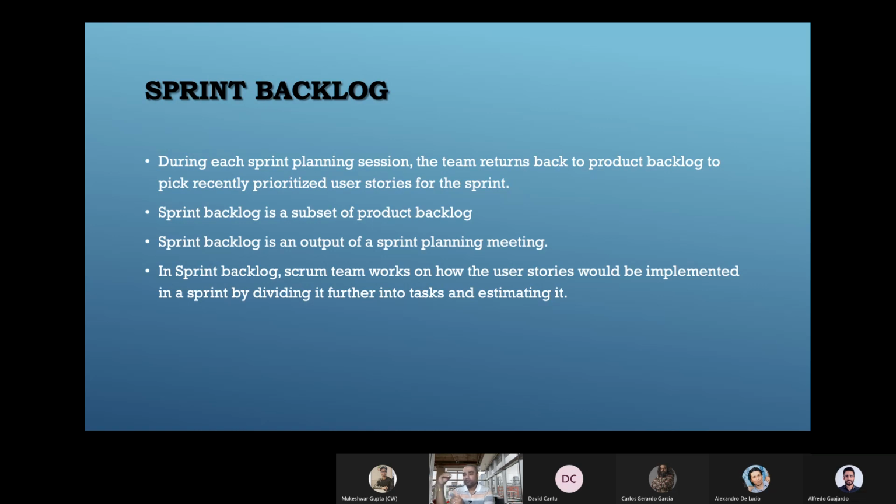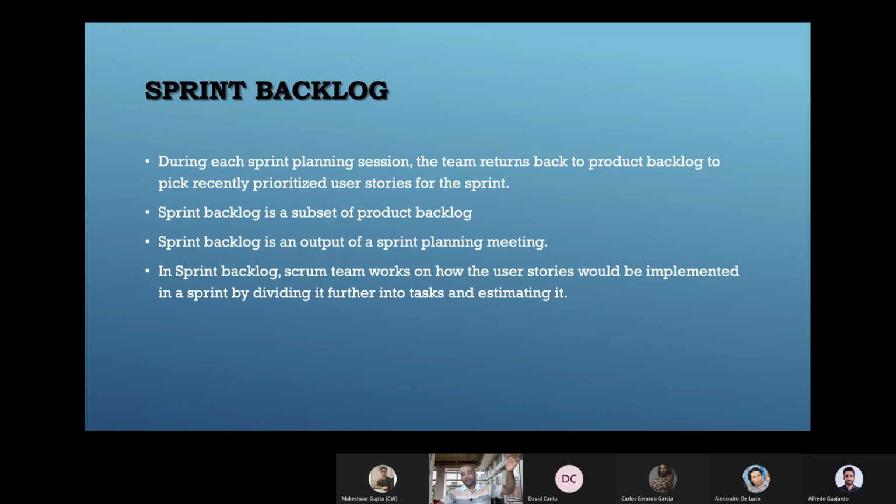owner. So when you close the sprint, if I talk about Jira, it will ask, okay, shall I put everything back to the product backlog? Or if the next sprint is created, it will ask, okay, can I spill it over to the next sprint? So ideally, when you close the sprint, if there is anything which is not completed, it will go back to the product backlog, and the product backlog itself is prioritized.